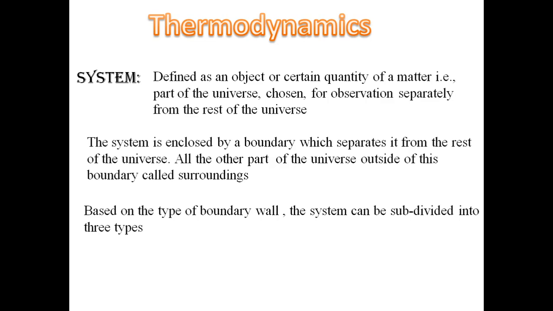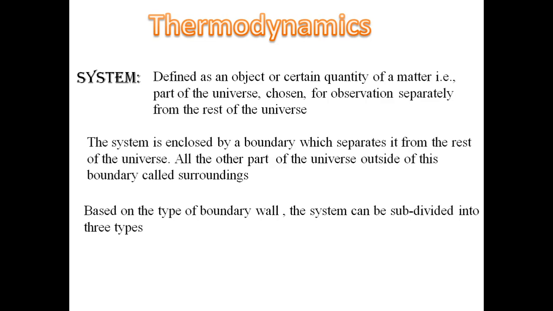Suppose in your area there are several houses, but imagine if all the houses don't have boundary walls, then there won't arise the point that this is my house, that is your house. So there must be some boundary wall.